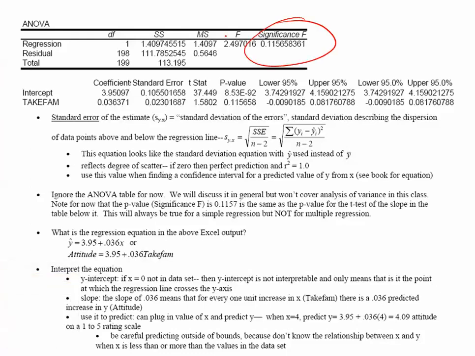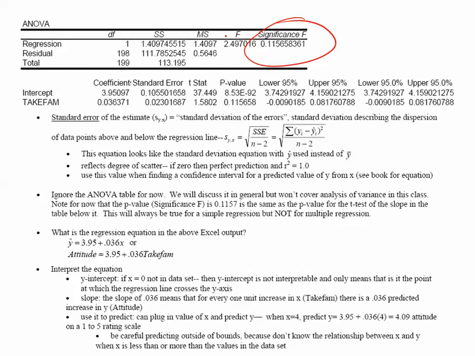0.115. Now we compare the significance F to the alpha, or the probability of making a type 1 error. This 0.115 is not the same as the p-value for the t-statistic of the slope in the table below. It is the same here, but it won't be the same when we do multiple regressions.